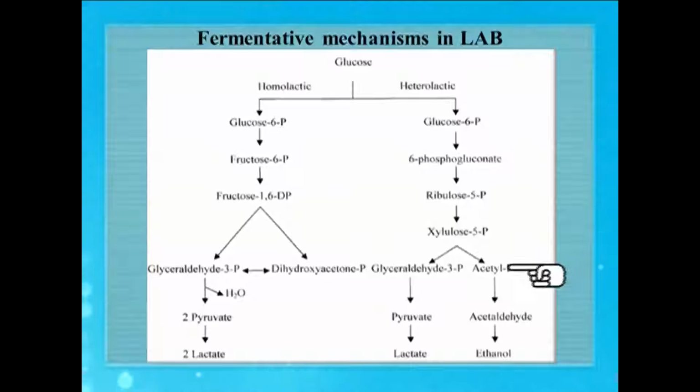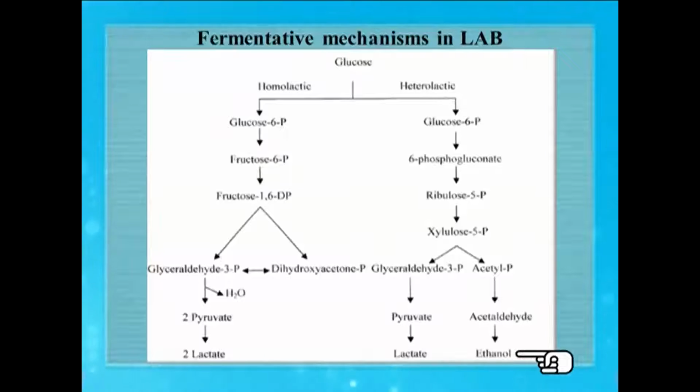As a result, the glyceraldehyde 3-phosphate is converted to pyruvate, which is further converted to lactate or lactic acid. On the other hand, the acetyl phosphate is converted to acetaldehyde and then we have formation of ethanol. So what happens in the heterolactic fermentative pathway is we have production of two different things: lactic acid and ethanol.